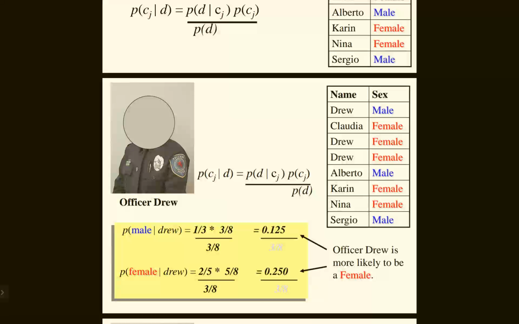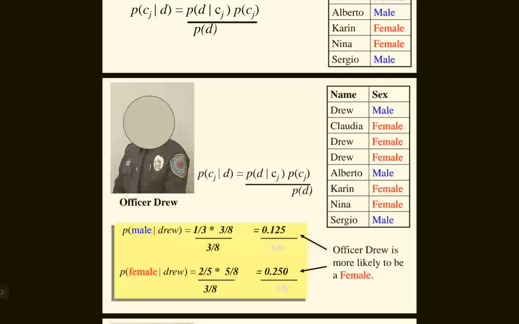Just see how many times it is present in the given database: three times, the males in blue color. That's why the value will be 1 divided by 3, multiplied by the next term, the probability of male being present in the whole database.